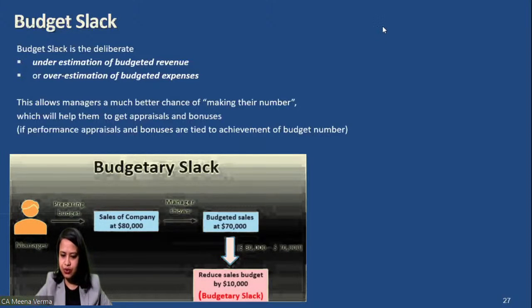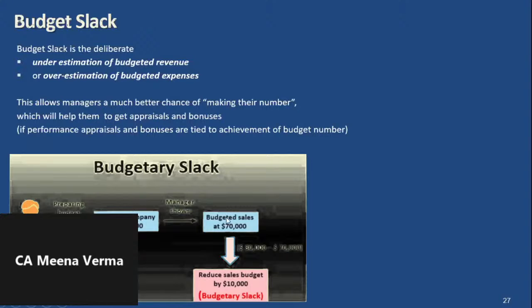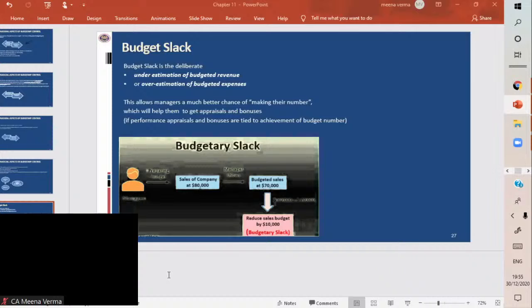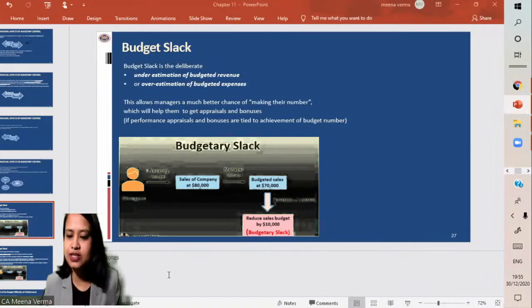Let us understand the budget control. Okay, now let us understand this budget slack.